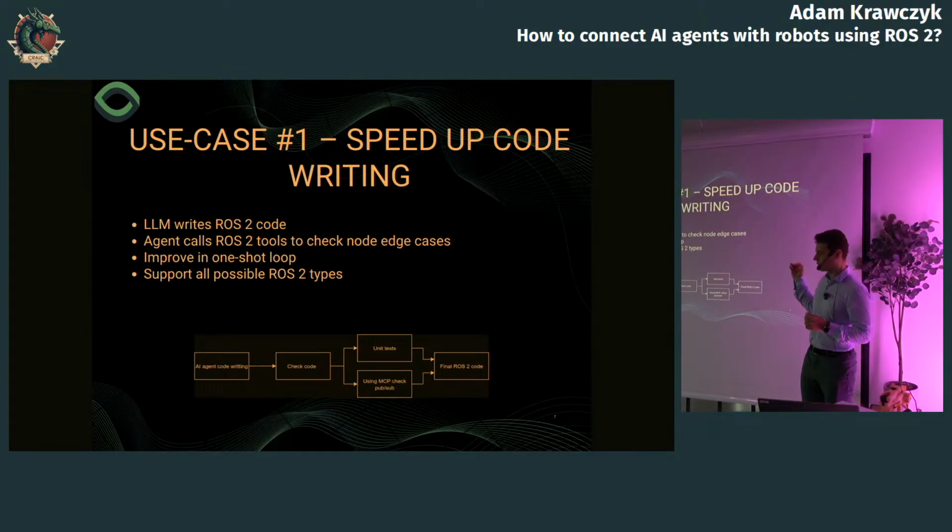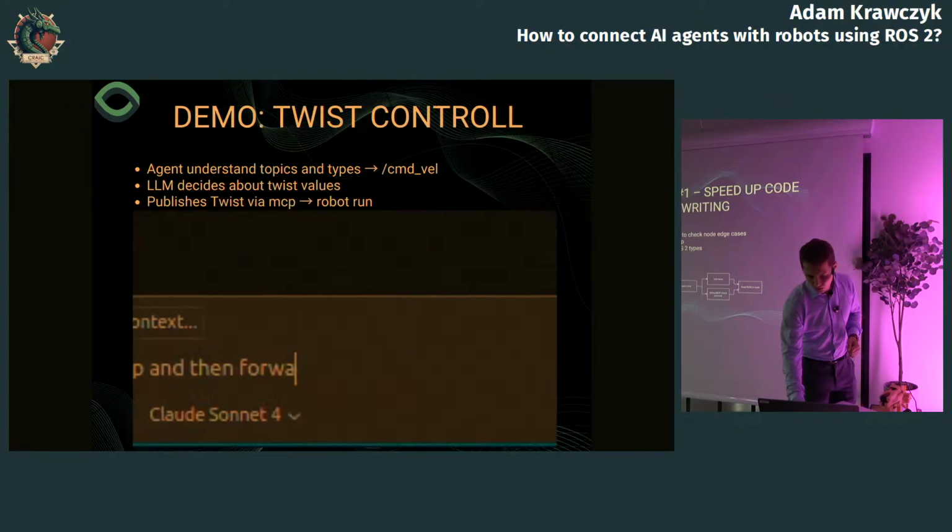We started from the unit tests, so our assumption was that we have to support all the possible types in ROS2. No matter if you are using a std message or your custom one, you want to use it without writing new tools for your MCP. And that's the difference between our solution and others available on the market.